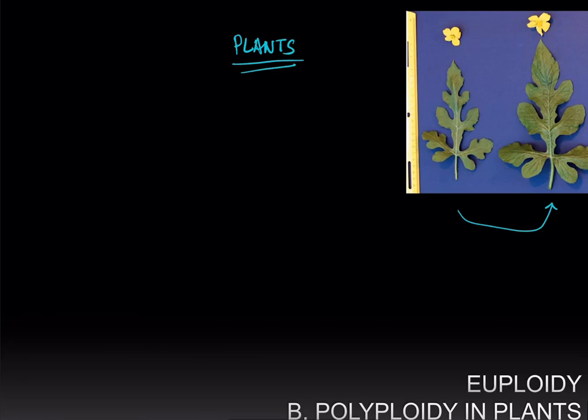For example, the leaf and flowers of a diploid watermelon are shown on the left, whereas the leaves and flowers of a tetraploid watermelon are shown on the right, and it's obvious that the tetraploid has bigger leaves and flowers and bigger fruit, and that's why creating polyploids or harnessing naturally occurring polyploids is important to agriculture, because it increases crop yields.